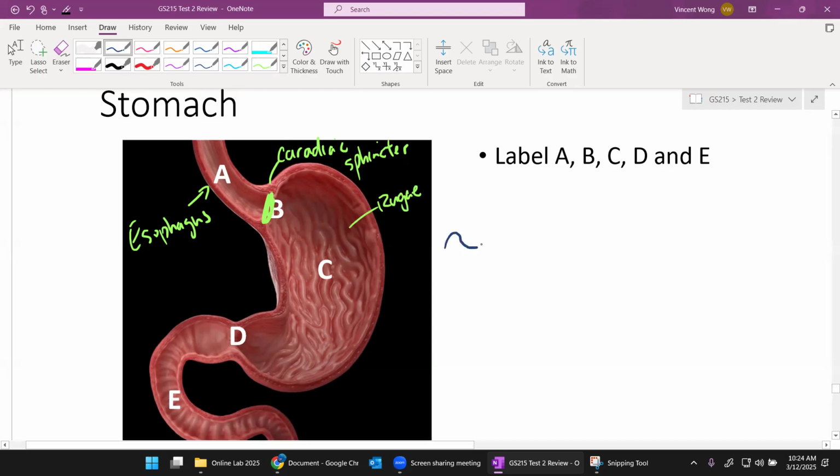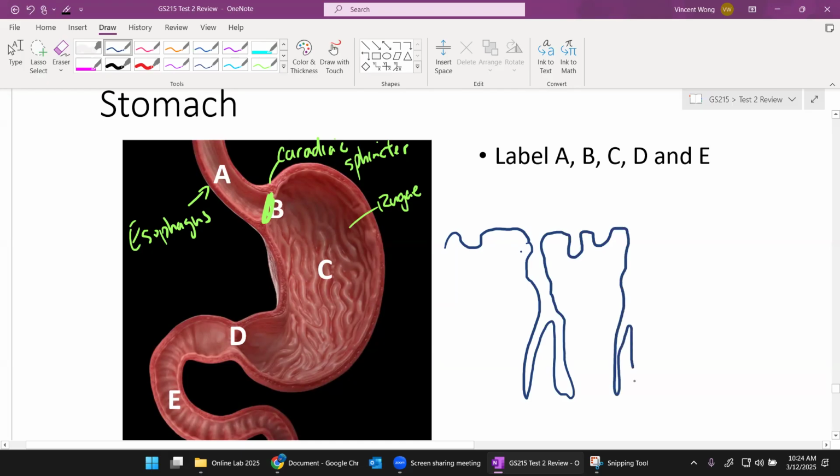And don't forget, these are the rugae, but then every now and then you're going to have really deep pits. That's the gastric pit. And at the bottom is the gastric gland, right?